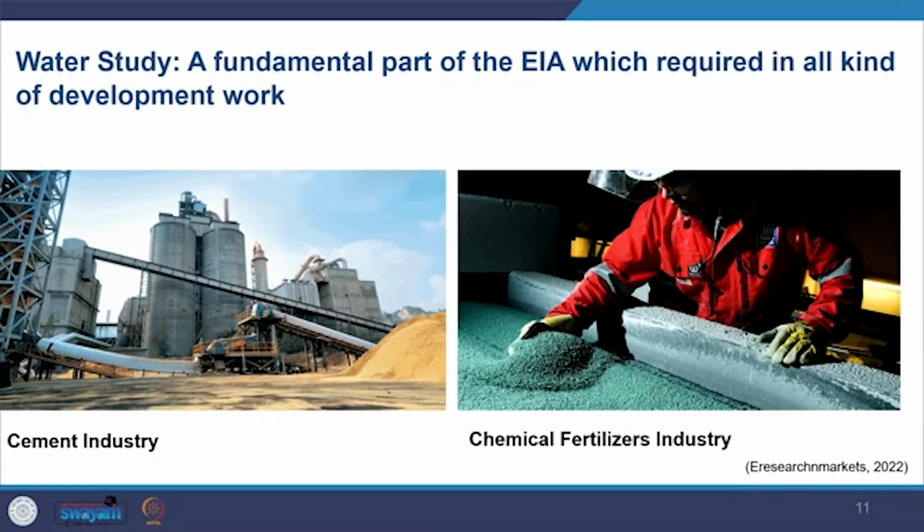For example, for a cement factory, while providing the environmental description as a professional preparing an environmental impact assessment, you would be required to look into the surface water quality of nearby water sources and surface drains. These all have to be confirmed, as per the guidelines provided.